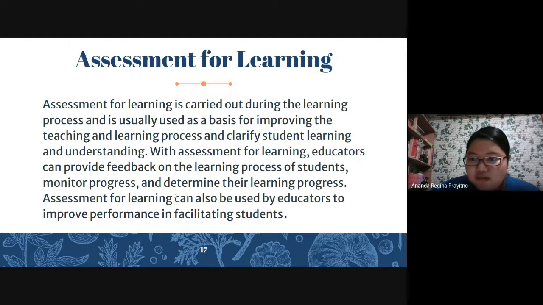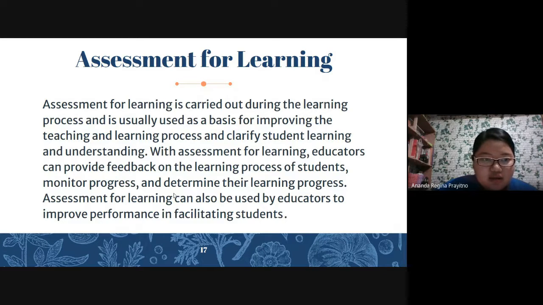With assessment for learning, educators can provide feedback on the learning process of students, monitor progress, and determine their learning progress.